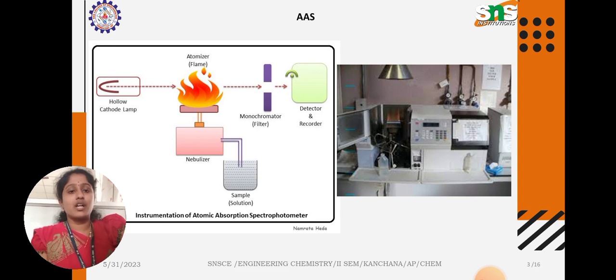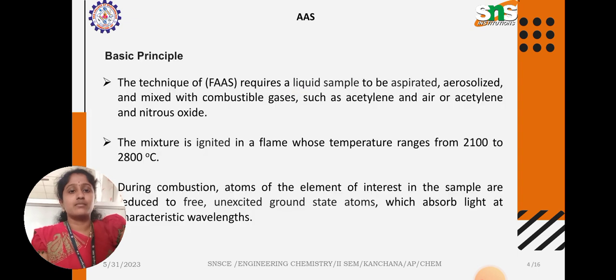Instrumentation of atomic absorption spectrophotometer. Basic principle. The technique of FAAS requires a liquid sample to be aspirated, aerosolized and mixed with combustible gases such as acetylene and air or acetylene and nitrous oxide.